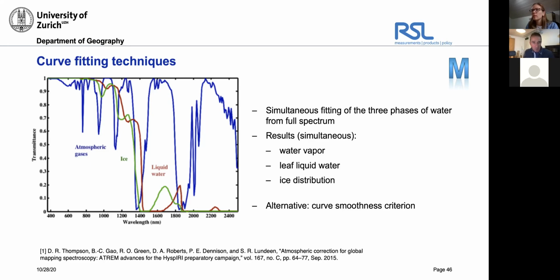The idea is simply that if you look at this spectrum, it's perfectly unsmooth if you have the water vapor absorption. There are all these spikes in there. And if over a certain range you do the correction right, you should see no variations anymore in a continuum, or very, very little variations.